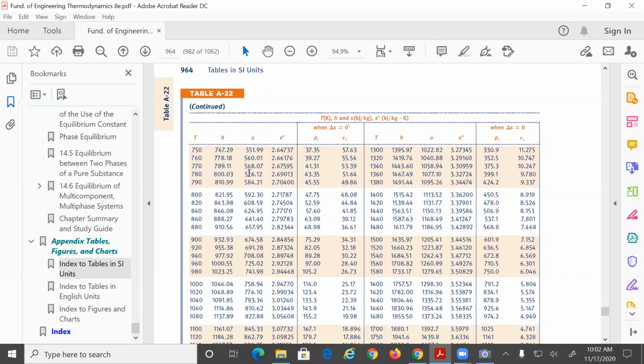Okay, so we do the interpolation. We have to look at this value over here. So what is a piece of R? Yes, we're gonna have to look at 800. No, we have to look at 780 and 790. Okay. So you want to copy those values to do the interpolation.